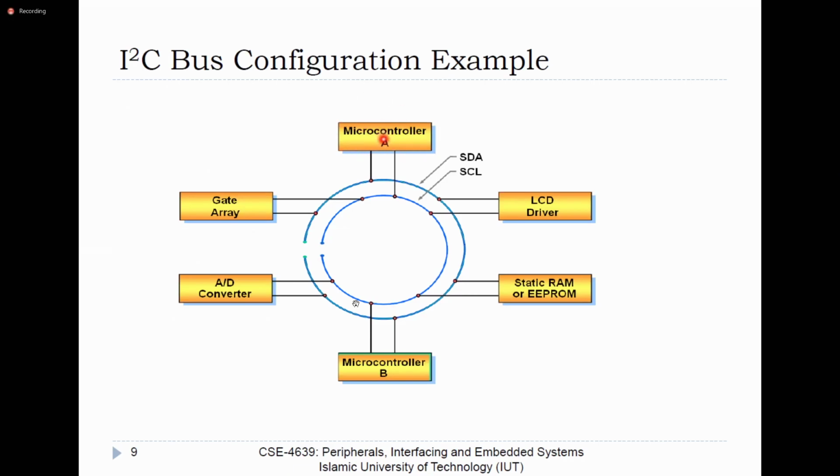But you can see that we have 2 microcontrollers. So here is the multi-master concept. In the multi-master concept, either microcontroller A or microcontroller B can act as the master, but they will have some arbitration procedure. Using that procedure, only one becomes the master for a certain period of time.